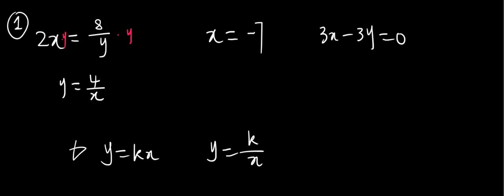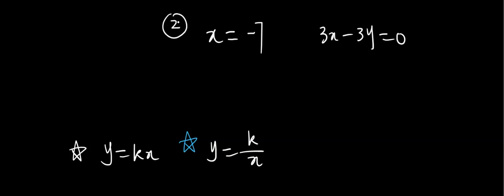Now check these 2 forms. Is it y equals kx, which is the direct variation form, or the blue star, y equals k over x? Of course, that is the blue star form. It tells us it's an inverse variation. So this one is inverse variation. Our next question says x equals -7.